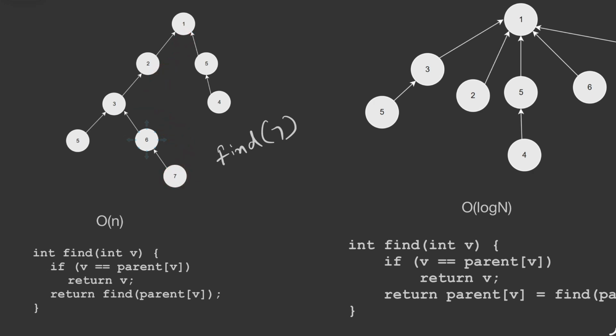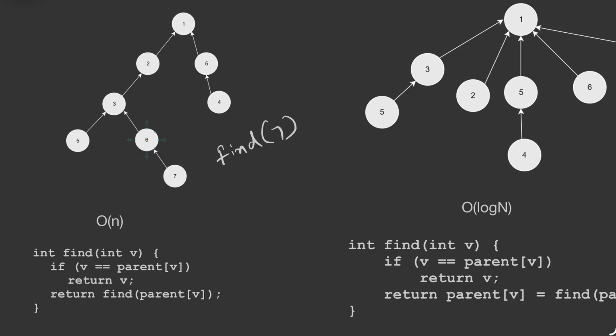Because what will you do? If they ask you find 6, you will travel upward from 6, right? And what did you do when they asked you for find 7? You traveled upward from 7. So once you realize this, that you are not just computing the answer for find 7, you are also computing the answer for find 6, 3 and 2.